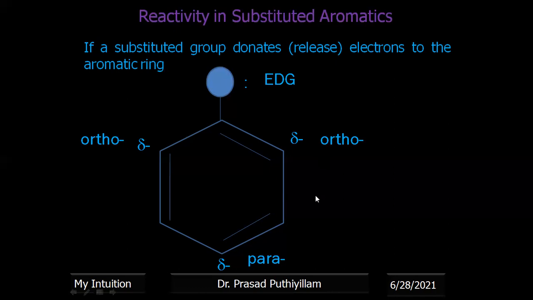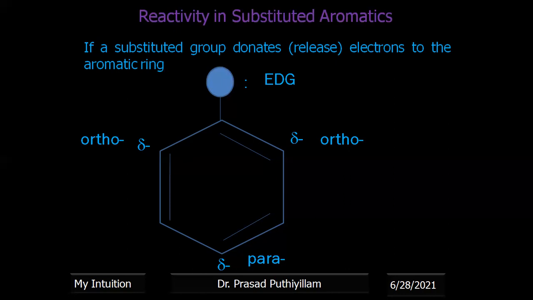I am not drawing that electron movement, as that would be a waste of time. You already studied, even at pre-university level, that there is possible resonance stabilization, and the ortho and para positions will have higher electron density, and we are explaining electrophilic substitution reaction.